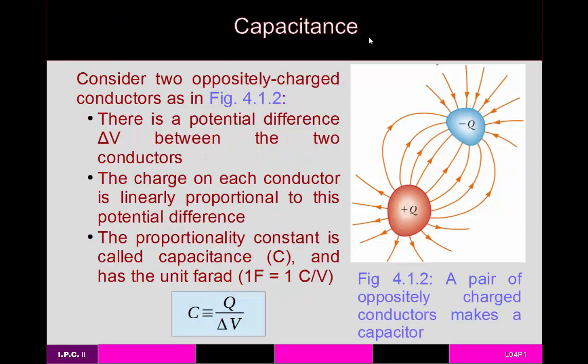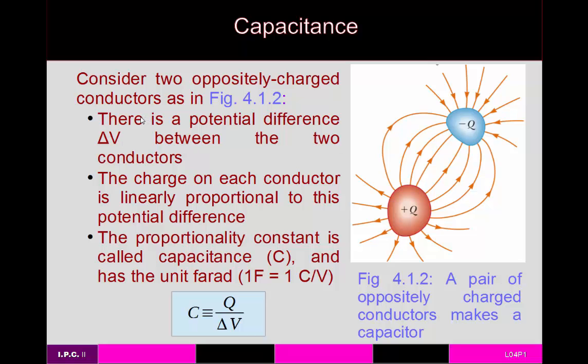So to get at an actual definition for capacitance, we begin by considering two conductors which are oppositely charged, a positively charged conductor and a negatively charged conductor. And they have to be spatially separated so that they are not physically touching each other, so that the charges from this cannot move to this or vice versa.